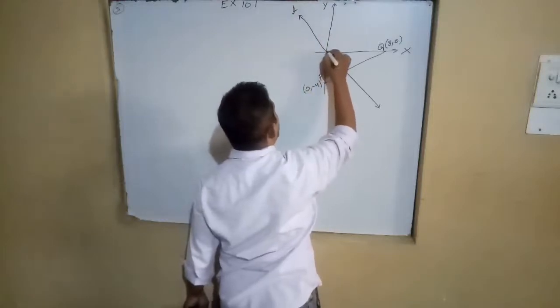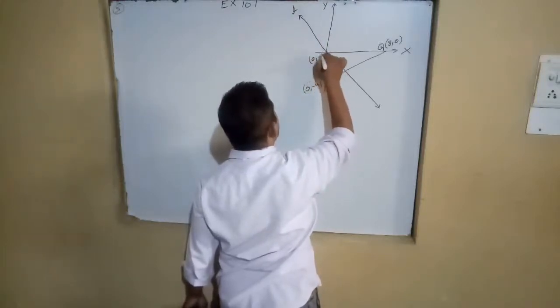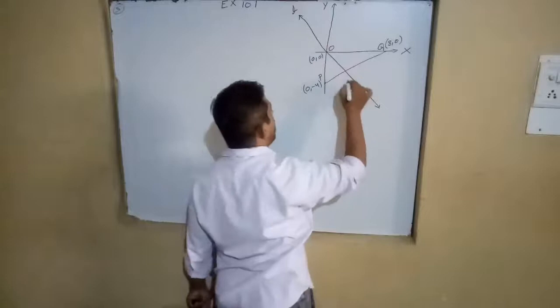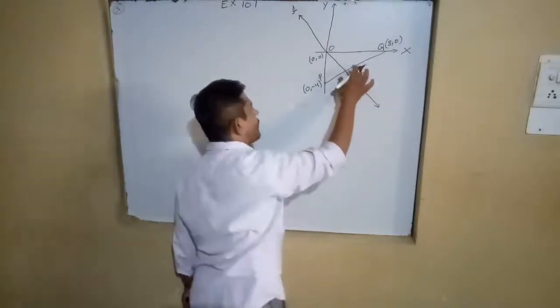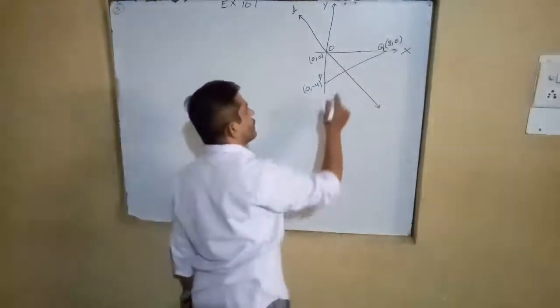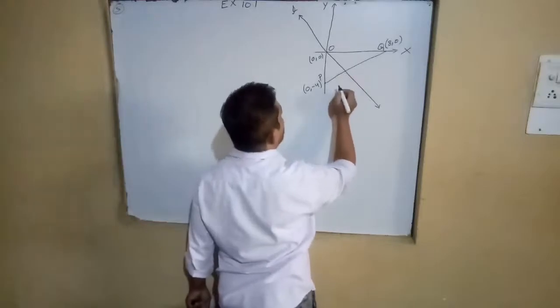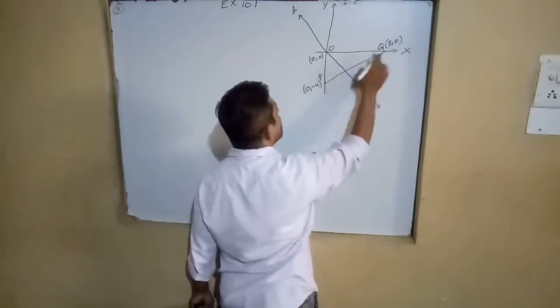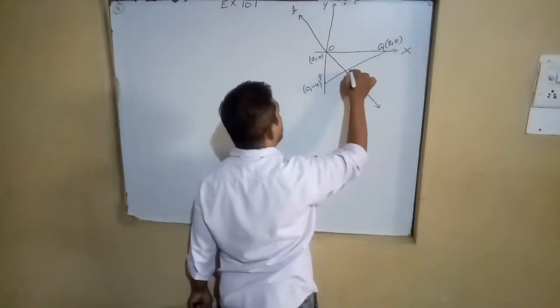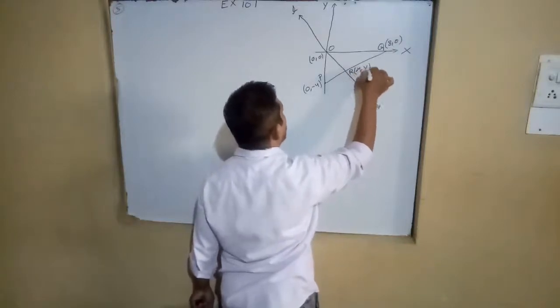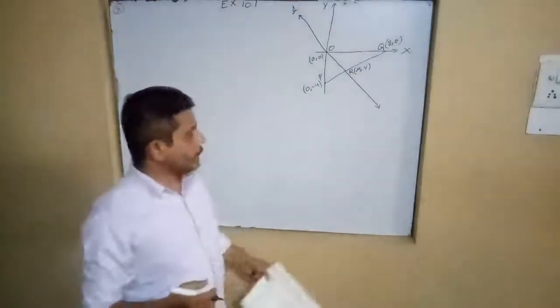So passing through the origin, this point is called 0, 0, which is O. And according to the question, it doesn't look like it here, but according to the question, this point is a midpoint of PQ. So we assume it as R (x, y). So we have to find the slope of the line.